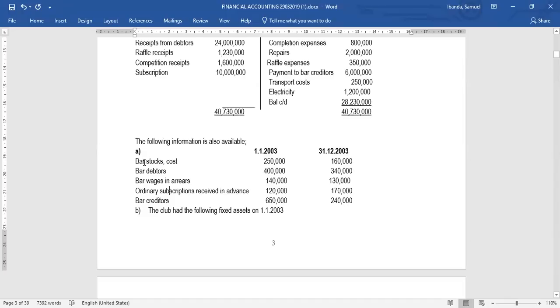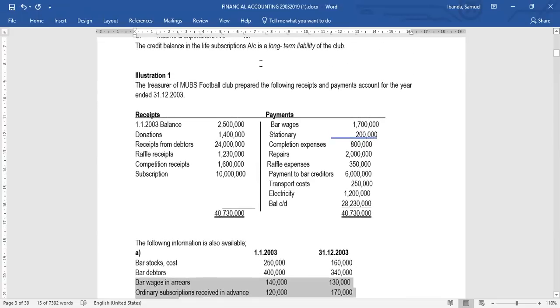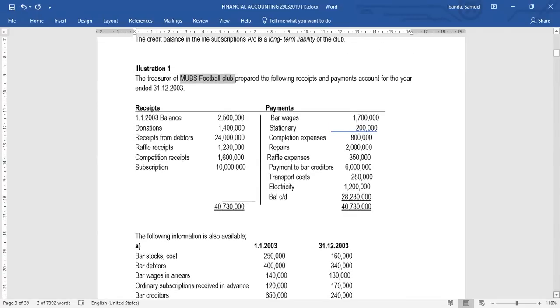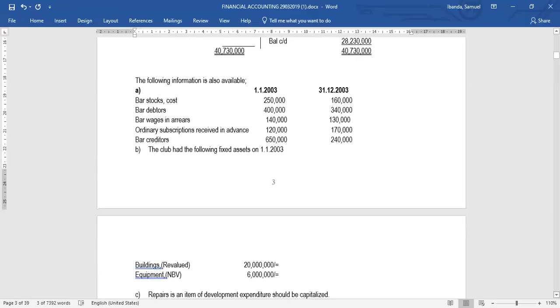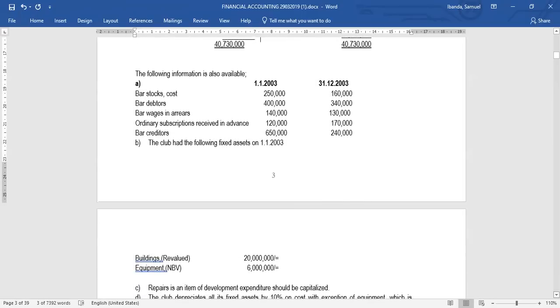Now, I think you're seeing the word bar coming up so much in here, but this word bar is basically relating to the for-profit business that this not-for-profit is running. Okay, remember, it's a mobs football club, but they own a bar. So that is why we are seeing bar stock, bar debtors, bar wages, bar creditors, and so on.